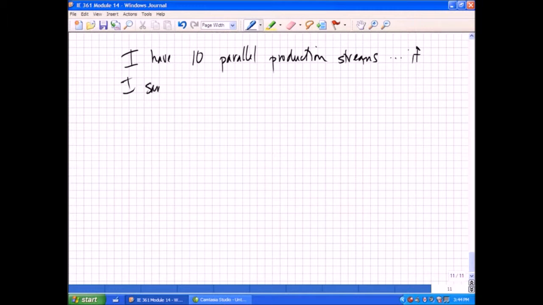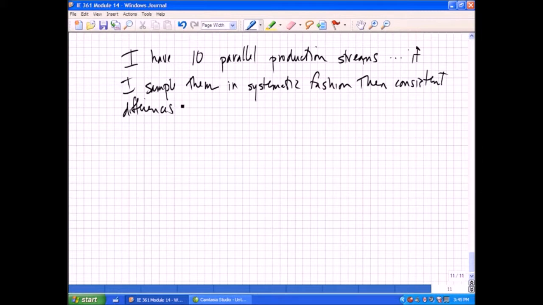If I sample them in a systematic fashion, then consistent differences will make plotted p-hats look too consistent.